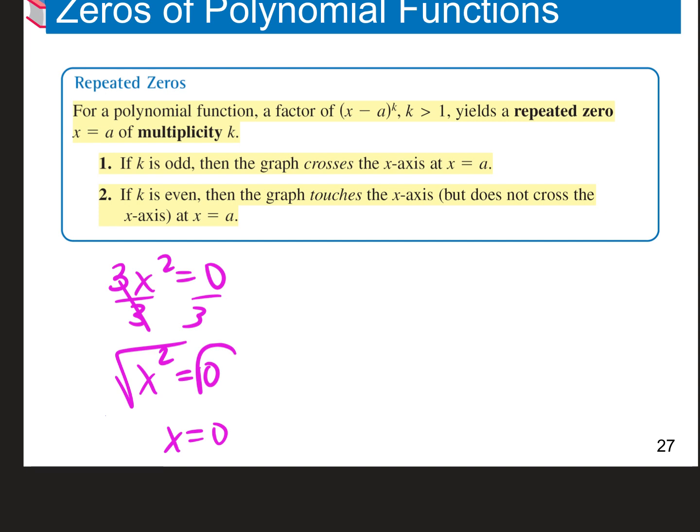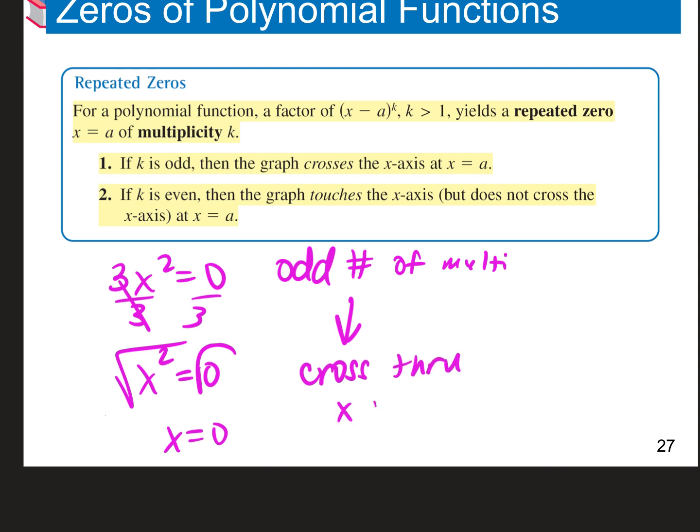What that means is if you have an odd number of multiplicity, if you have the same answer once, 3 times, like if you take the cube root, 5 times, then your graph at the x-axis is going to cross through the x-axis. Right?